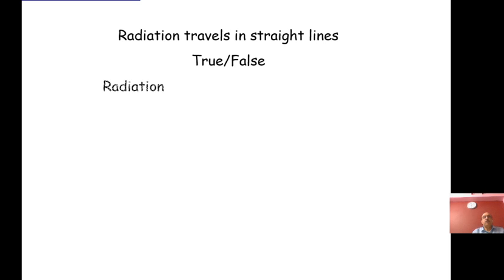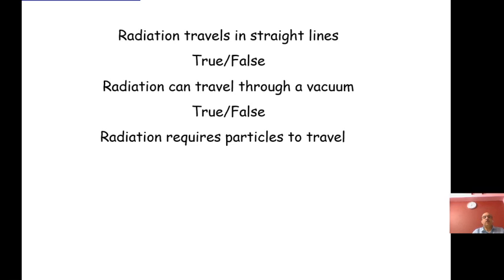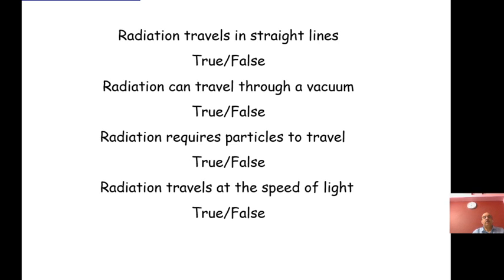Now let us consider some questions. The first one is: radiation travels in a straight line. The statement is correct, so it is true. The second question is: radiation can travel through a vacuum. The answer is correct, so the statement is true.